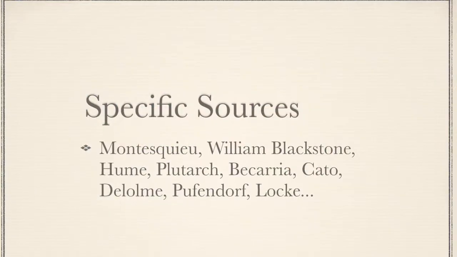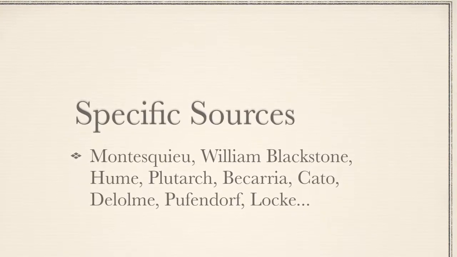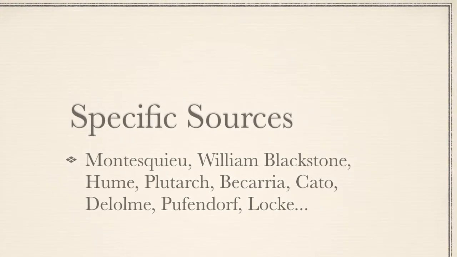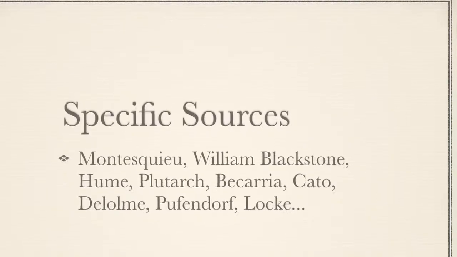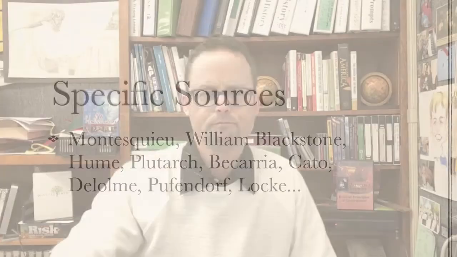David Limbaugh, author of the book Persecution, explains that a group of contemporary political scientists conducted a 10-year study examining over 15,000 political writings of the founding era to answer that question. The research revealed the most frequently cited authorities of the 180 names examined were Montesquieu, Blackstone, Hume, Plutarch, Beccaria, Cato, de Lolme, and Pufendorf.